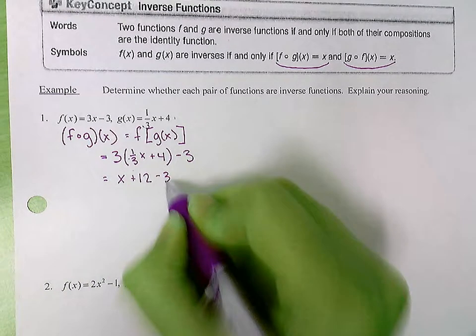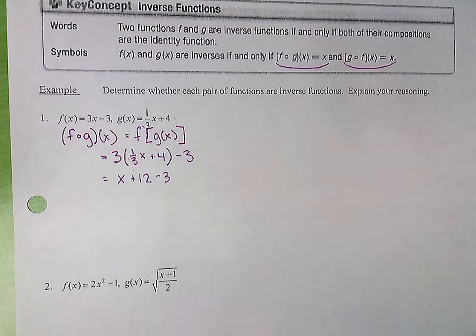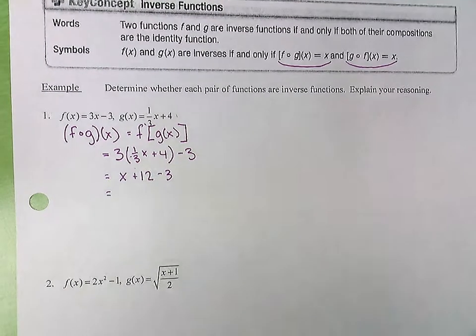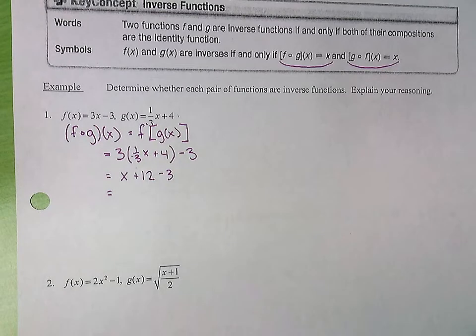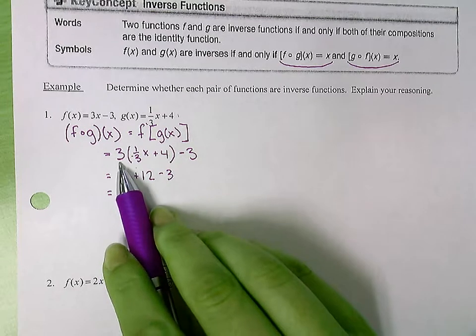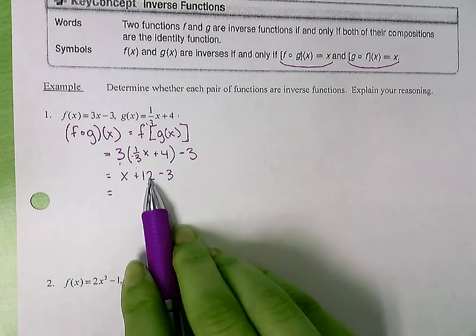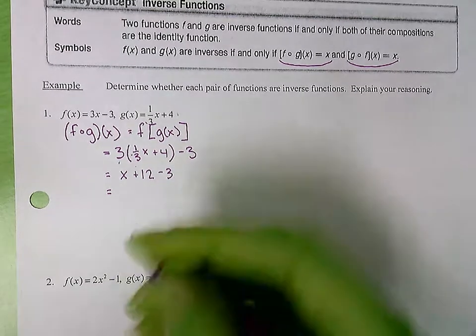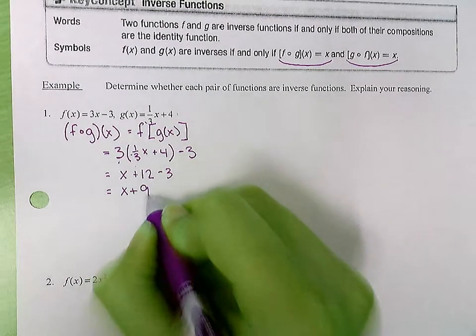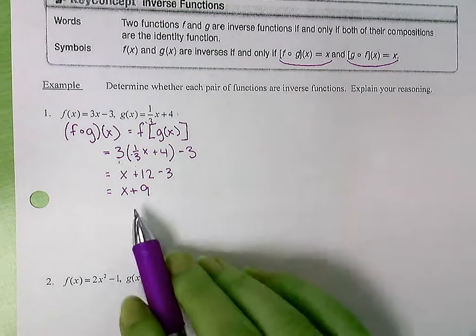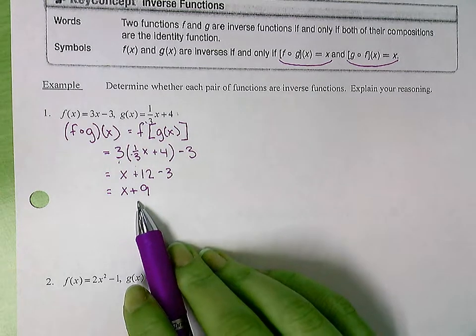And then I still have this minus 3. So x plus 12 minus 3. Oh yeah, the end is x plus 9. That's what you're trying to get at. Yes, you're right. So you end up with x plus 9 here.